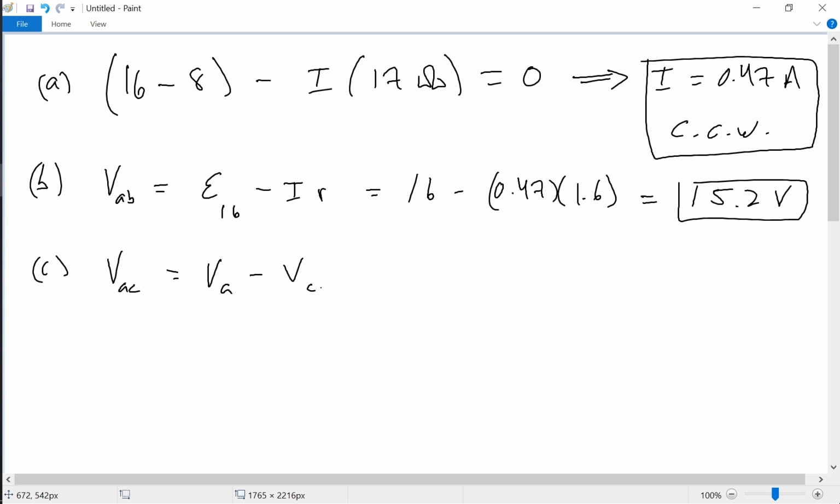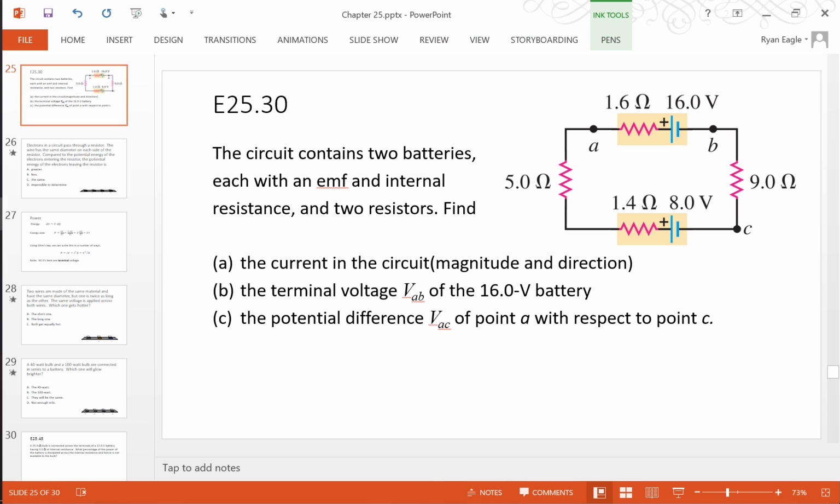We don't know what the values are at those particular locations, but we can just start at A. And we're going to have a voltage drop as we go through the 5 ohm resistor, another voltage drop as we go through the 1.4 ohm internal resistance, and then a loss of 8 volts passing backward through that battery.